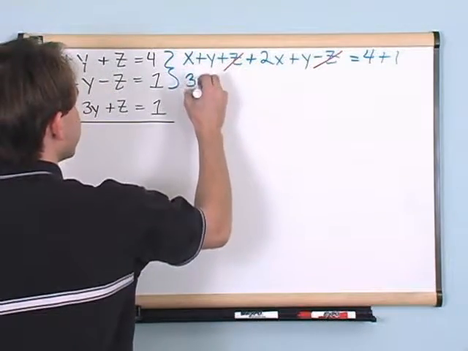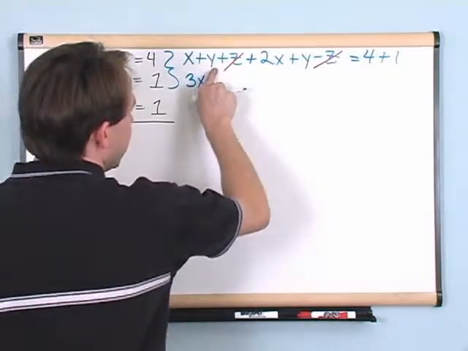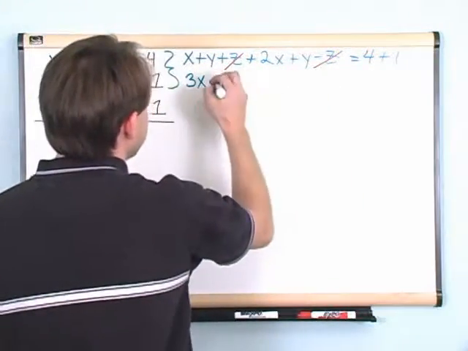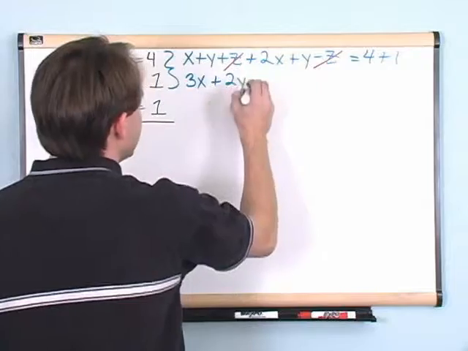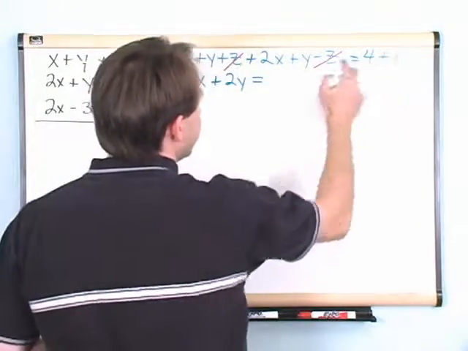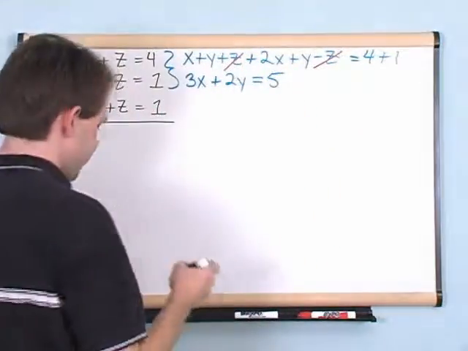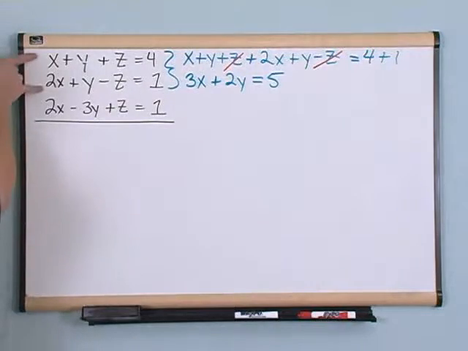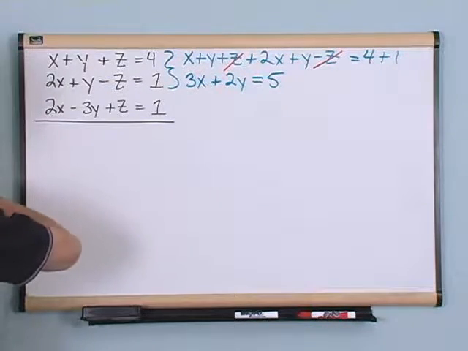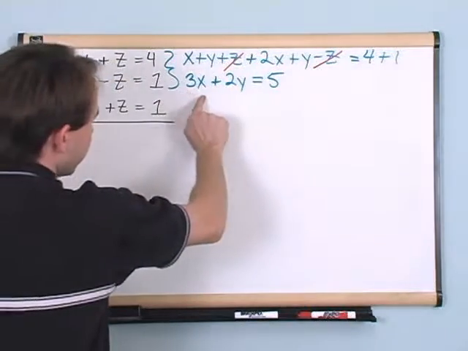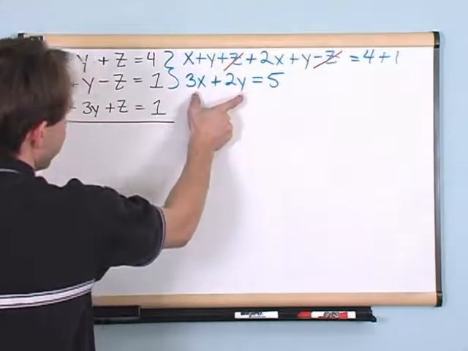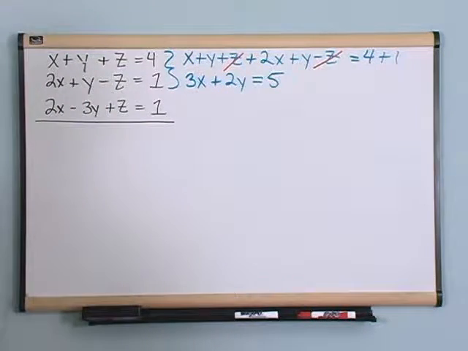You're going to have 3x. The y and the y over here give you 2y. And that leaves you with 5 on the right. So notice we've taken these two equations, which had 3 variables, and we've reduced it to an equation still in 2 variables. So, that's good.